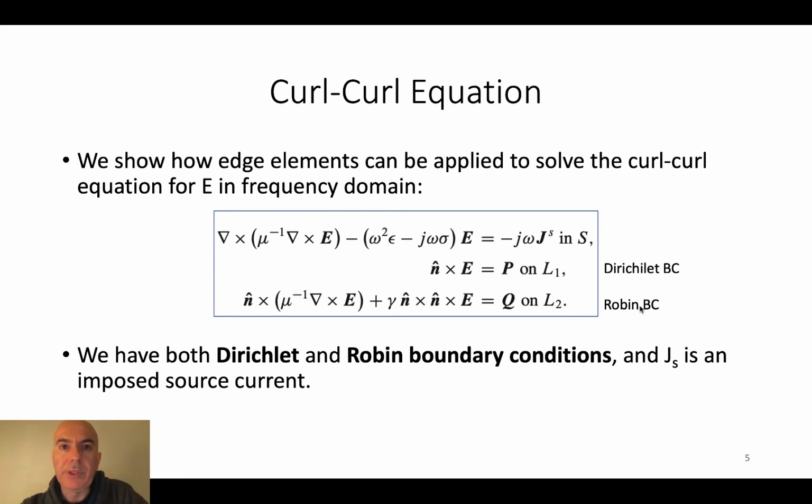Robin boundary condition is just a combination of Dirichlet and Neumann boundary conditions. We use these two boundary conditions just to be very general. In practice, most of the time we are going to use just the Dirichlet boundary condition for a perfect conductor. So we have both Dirichlet and Robin boundary conditions on different surfaces L1 and L2, and Js in this case is an imposed source current.